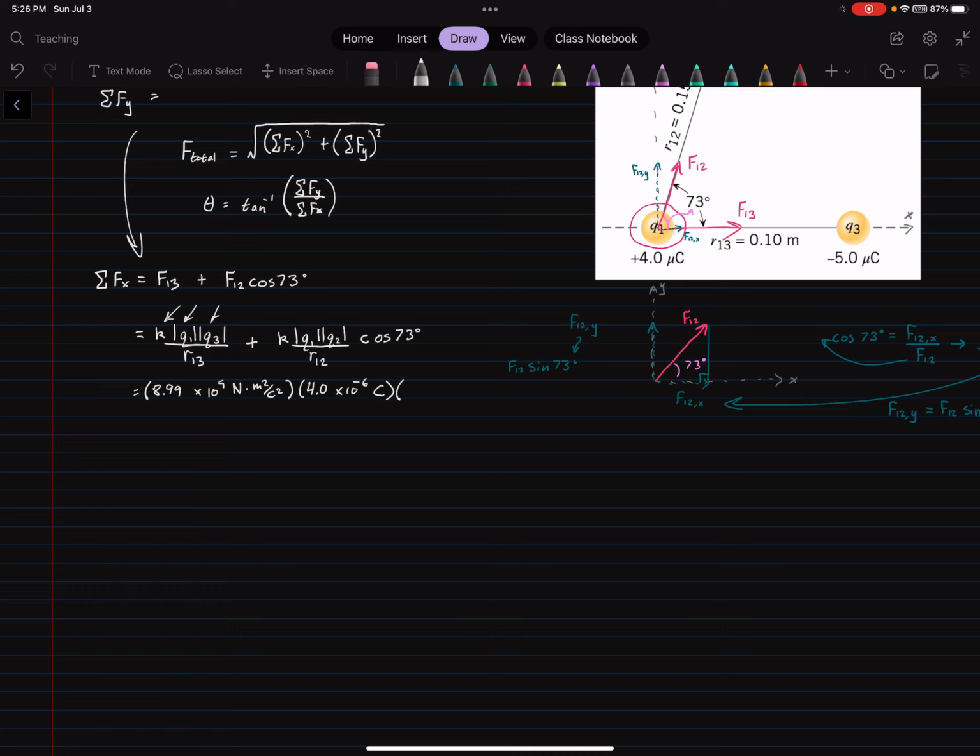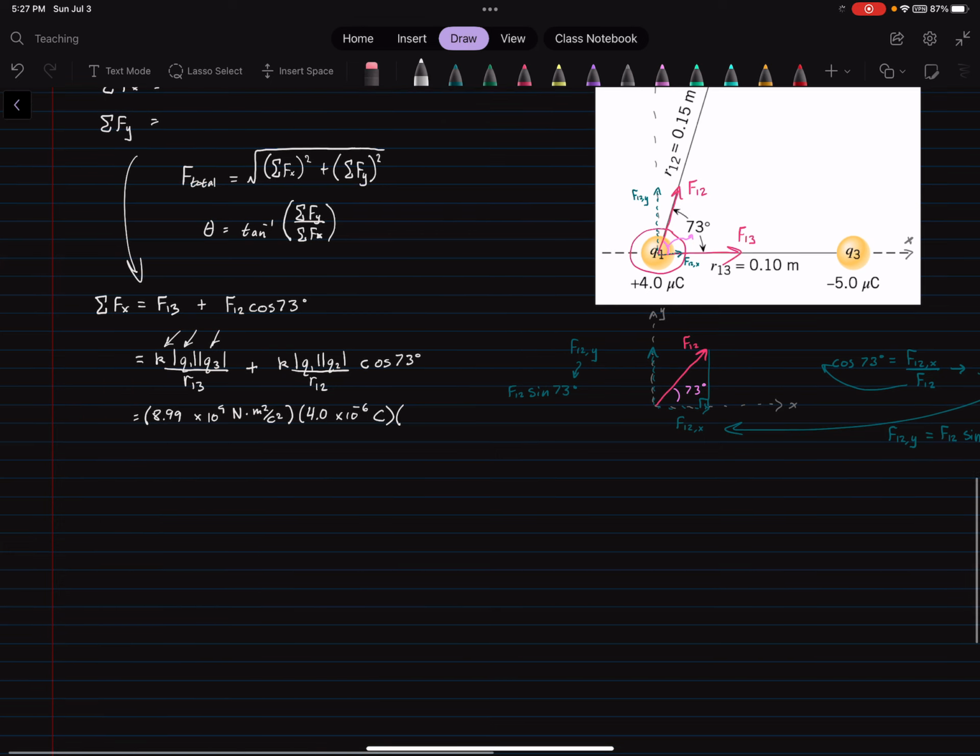I have to reference it all the time until you memorize or become familiar with what all the different prefixes are. No shame in Googling it up. All right, and then q3, the absolute value of 5.0, is 5.0 times 10 to the negative 6 Coulomb, divided by r13, which is 0.10 meters, right?